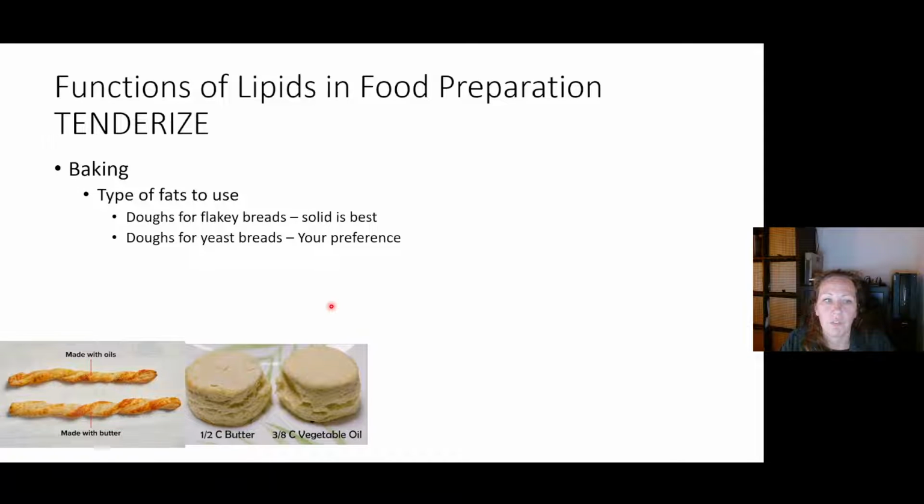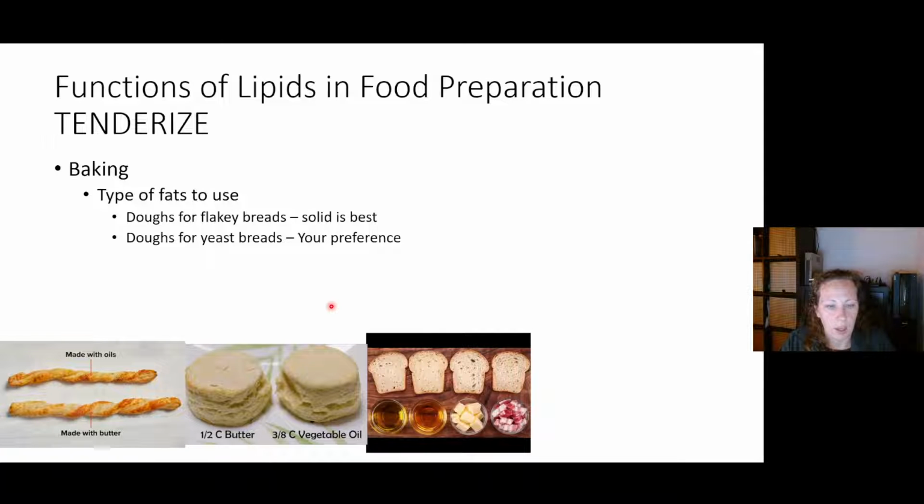Okay. Now for yeast breads, it's kind of your preference. There is another video that I posted in the playlist. This person used, I think, olive oil. This is rapeseed or canola oil, two names for the same thing. Butter, and this here is actually bacon, and they rendered out the fat in the bacon so that it was lard.